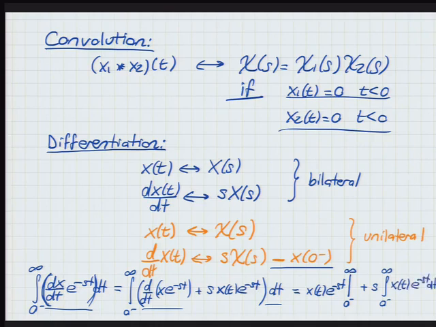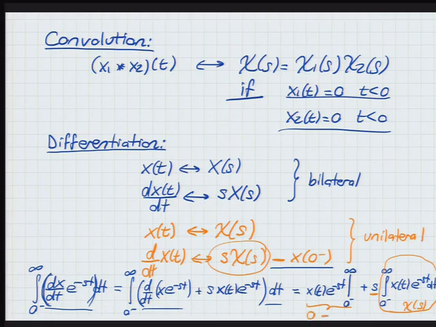Now, I already know what that is here. That is the one-sided Laplace transform, right? And it's multiplied by s, so that's where this term is coming from. And what is that? If s is in the region of convergence, that means x of t times e to the negative st is integrable. And to be integrable in the first place, you need to be exponentially decaying. So, therefore, at infinity, that's 0.